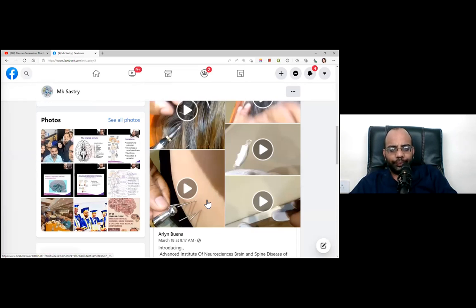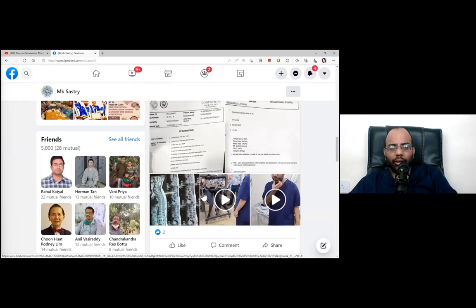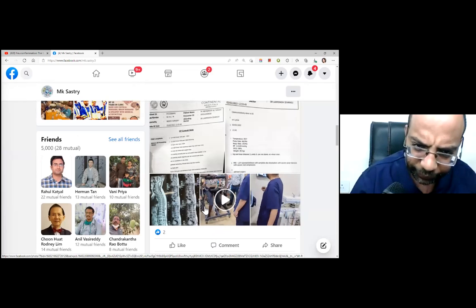Can we take up the picture? The MRI picture.